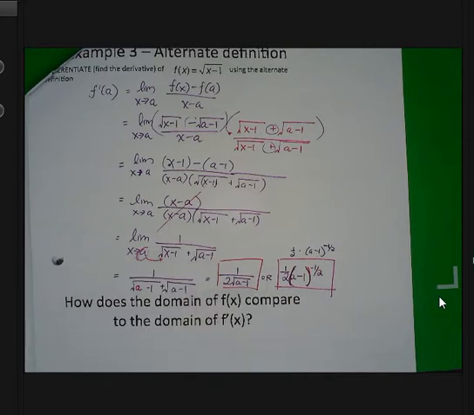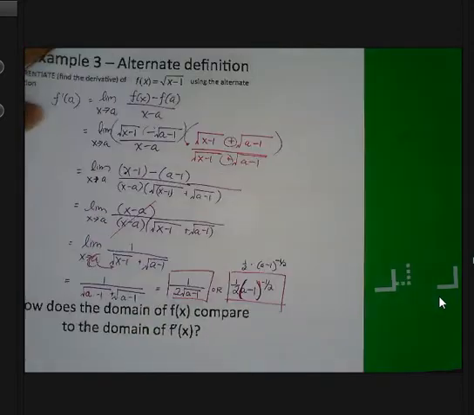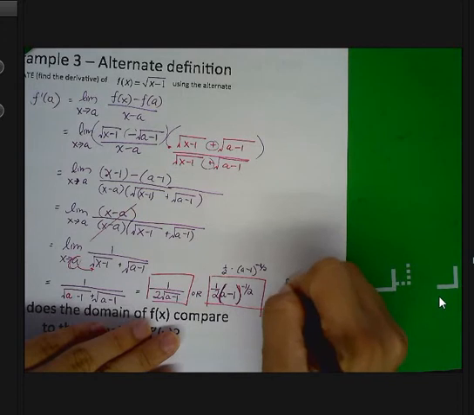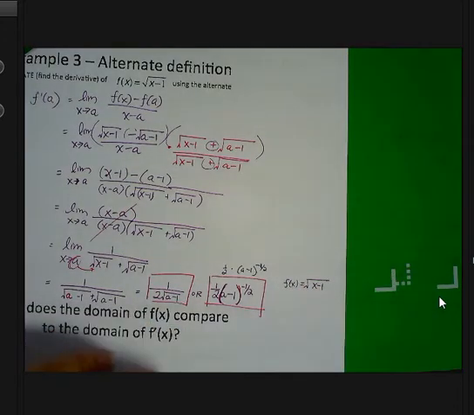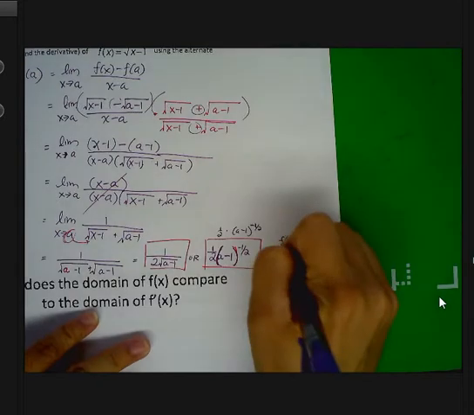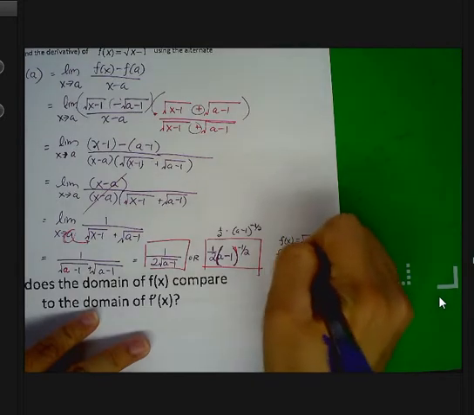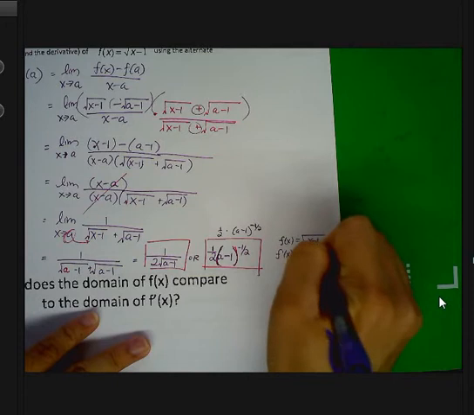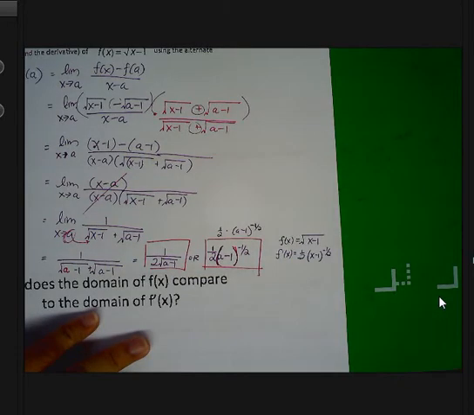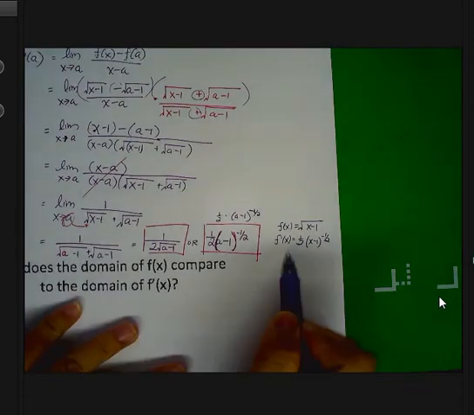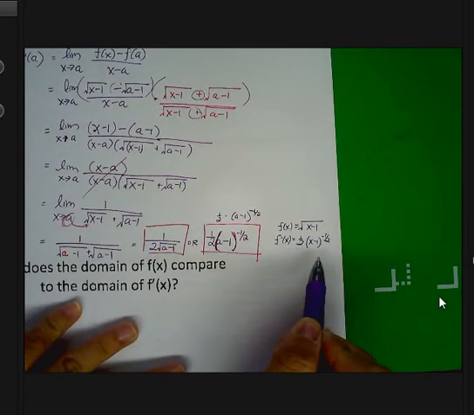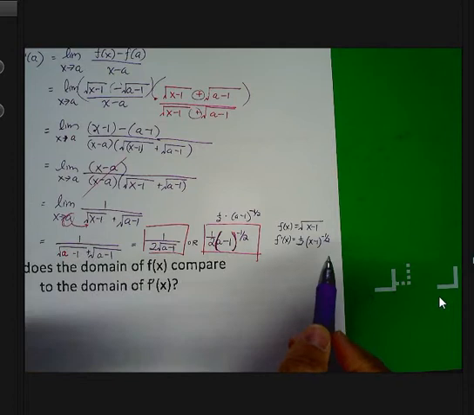So in a sense, if I just use regular notation, if f of x equals square root of x minus 1, we just found that f prime of x equals 1/2 times x minus 1 to the negative 1/2. We just said it with a. It doesn't really matter whether that's called a dummy variable. It could be a, it could be x, it could be j.